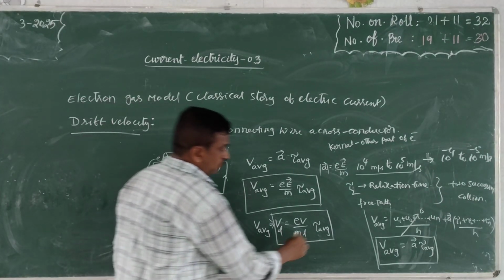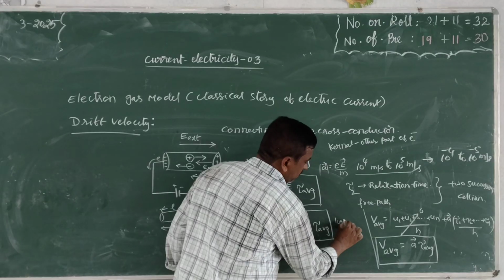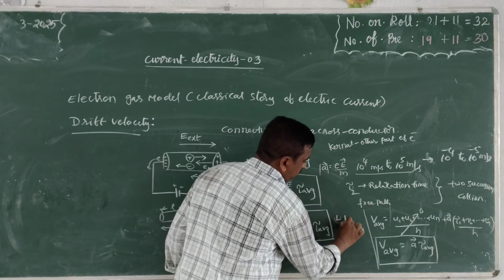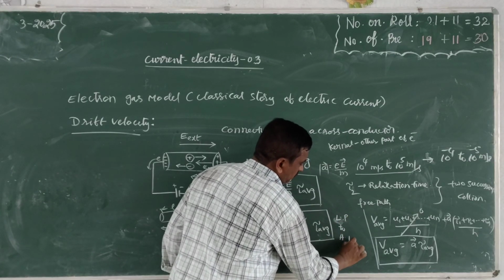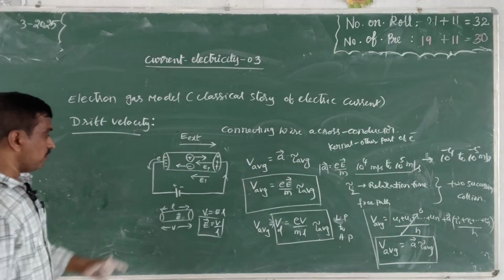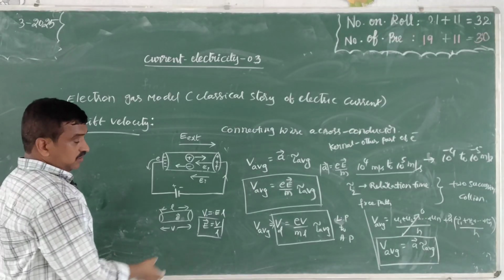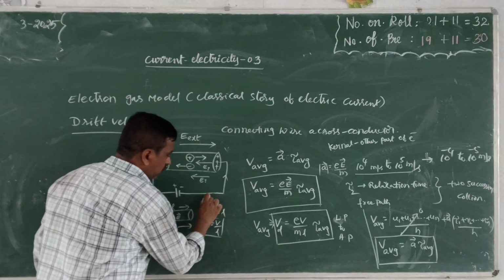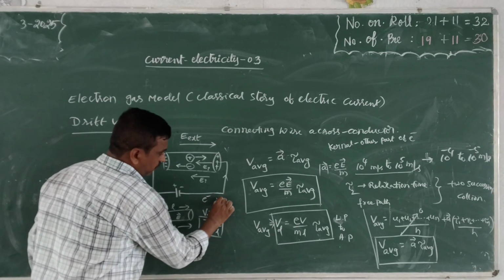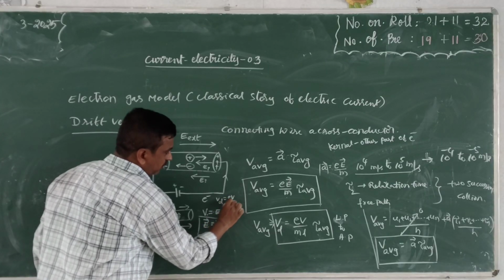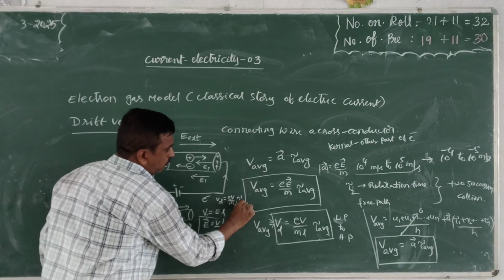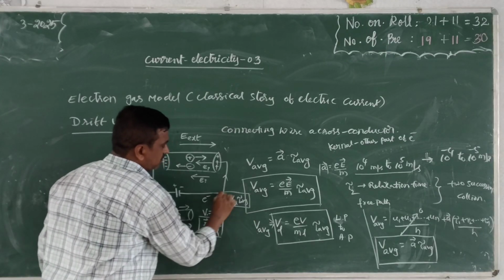A charged particle always moves from lower potential to higher potential. So the drift velocity of the electron is Vd equals eV by mL tau average. It is the drift velocity formula.